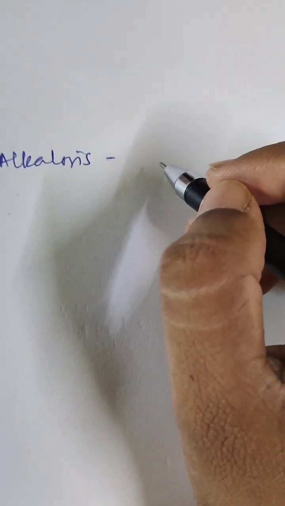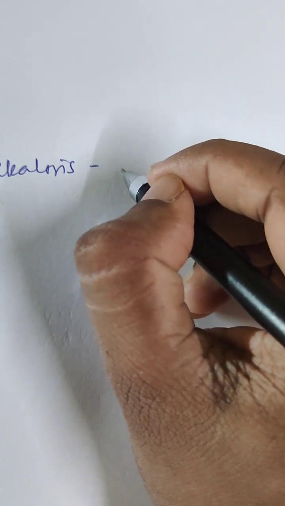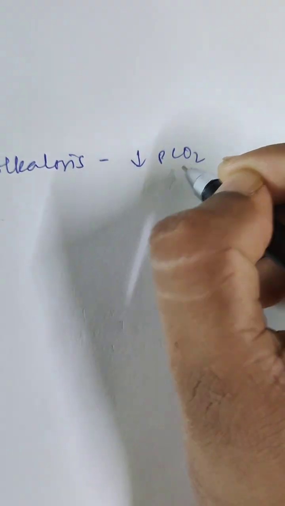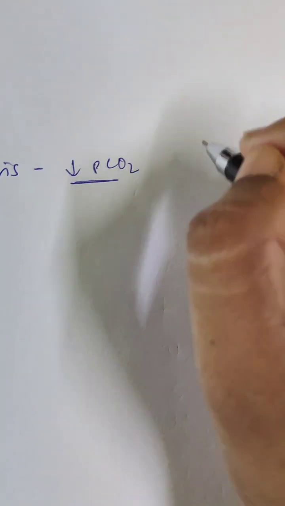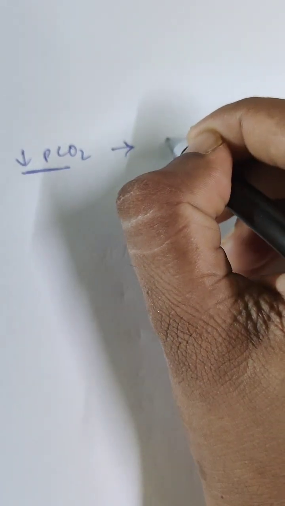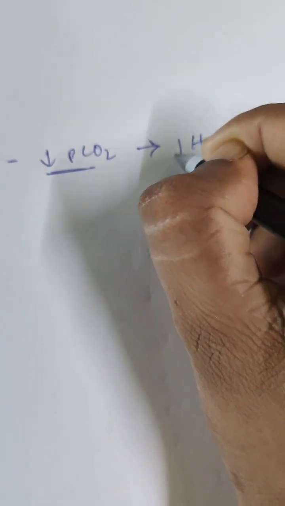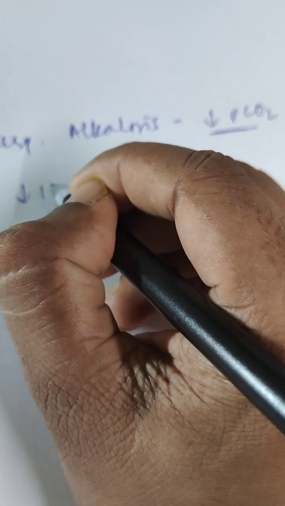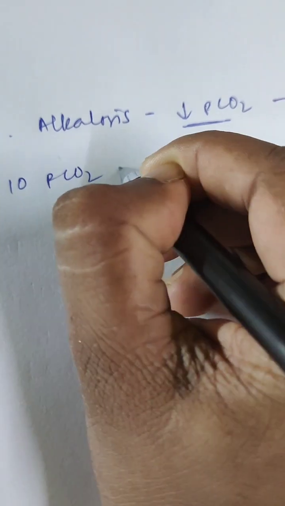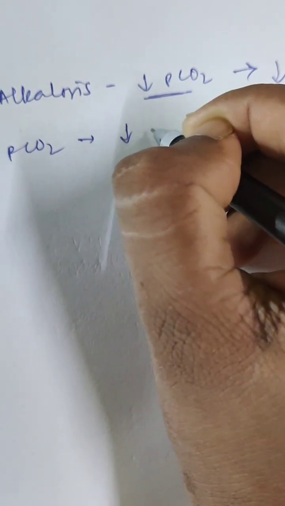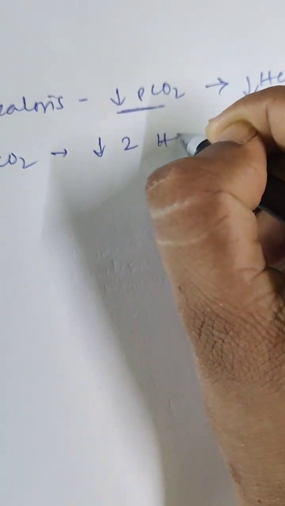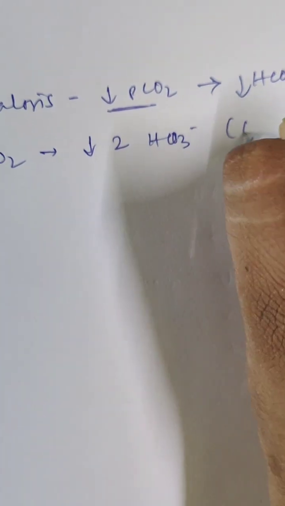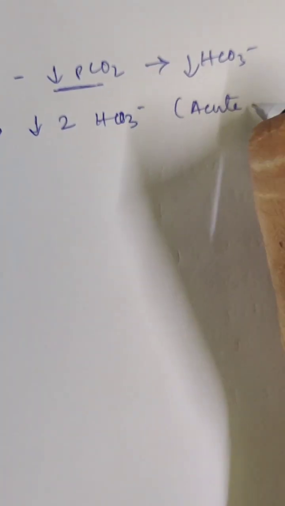Now comes fourth, respiratory alkalosis. In respiratory alkalosis, the primary problem is decrease in PCO2, so the compensation will come from the kidney. As a compensation, the bicarbonate will also decrease. For every decrease of 10 units of PCO2, if the bicarbonate decreases by 2 units, it will be called acute respiratory alkalosis.